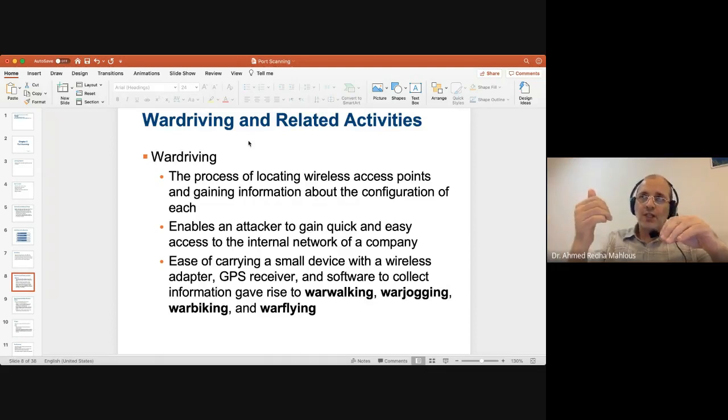So at least he can know the appropriate place where he can catch a good wireless signal, so he can launch his attack wirelessly to try to access that access point, and by accessing the access point, he can access the PCs that are connected wirelessly to that access point.